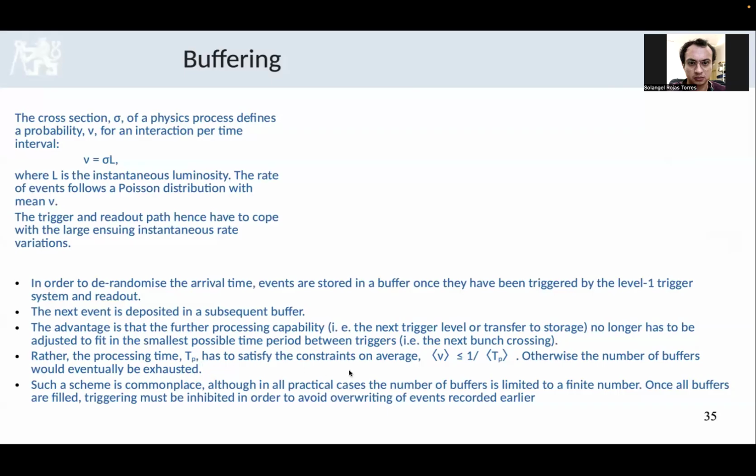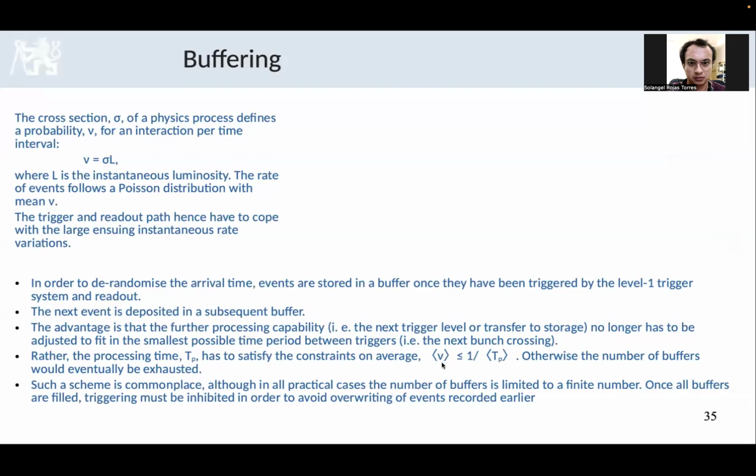And here the processing time plays an important role. To satisfy the constraints on average, you need the processing time to be larger than the frequency that you can read.